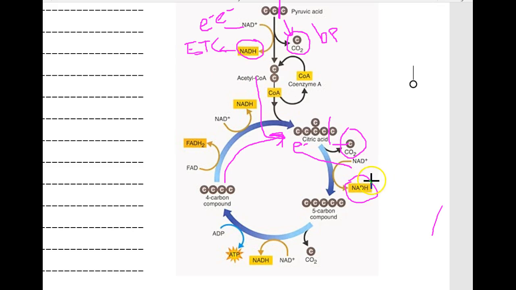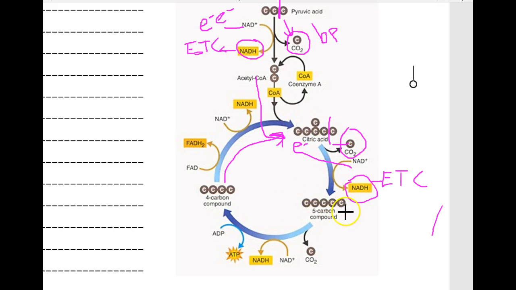Same place this went to. This is going to go off to the electron transport chain. So off and away we go. All right, if we lose 1 carbon, we're going to have a 5-carbon compound left.